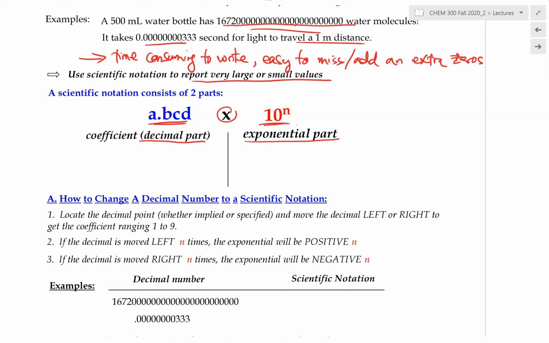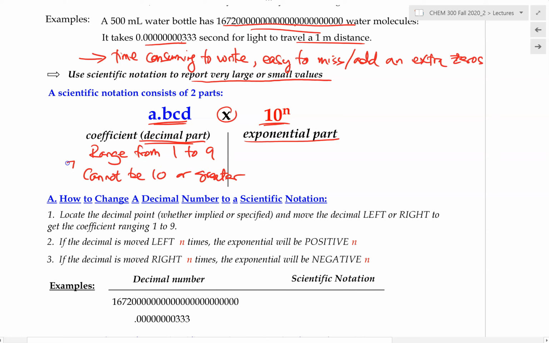So now let's describe the coefficient part first. The coefficient part has to consist of a value that ranges from 1 to 9. It cannot be 10 or greater.